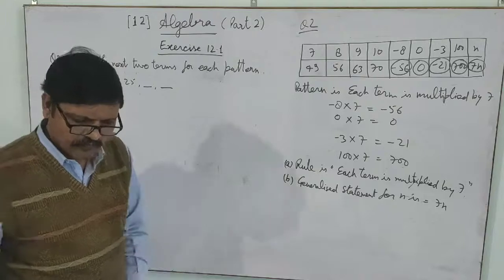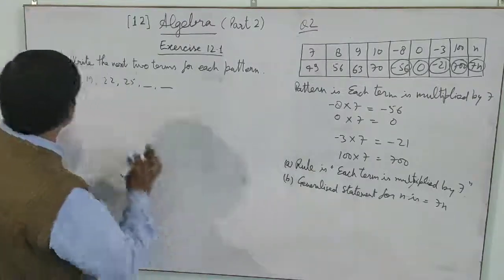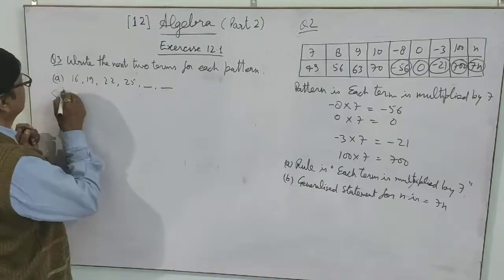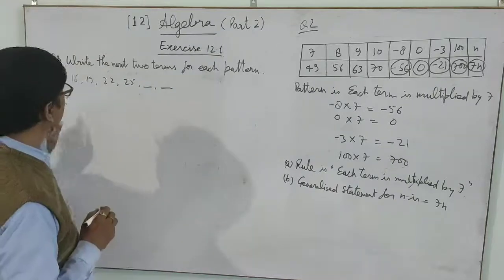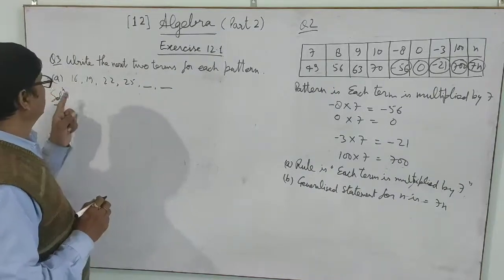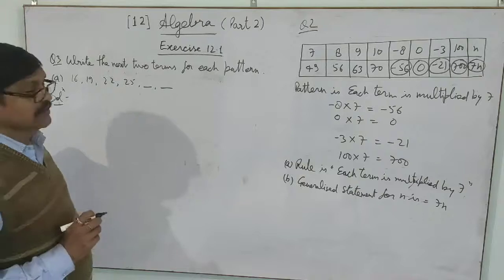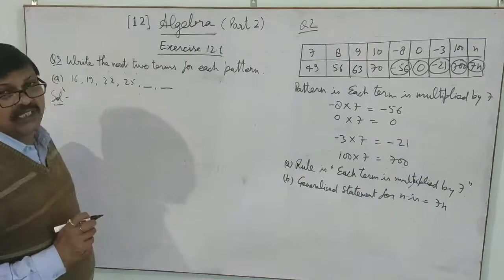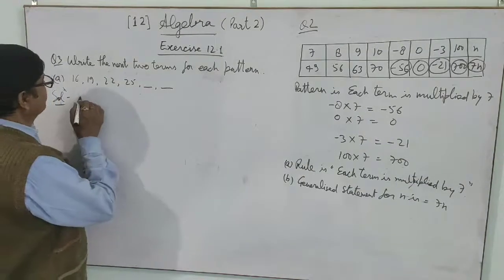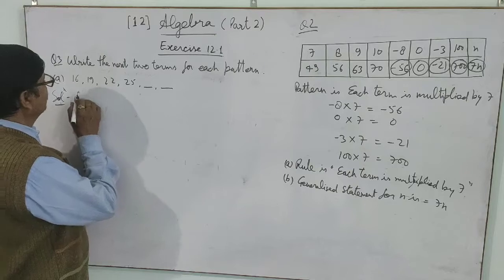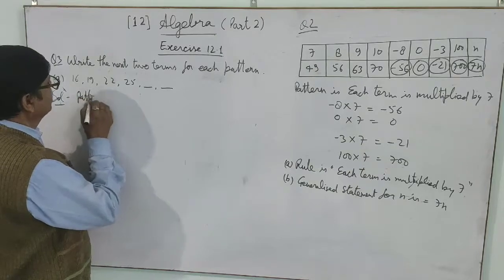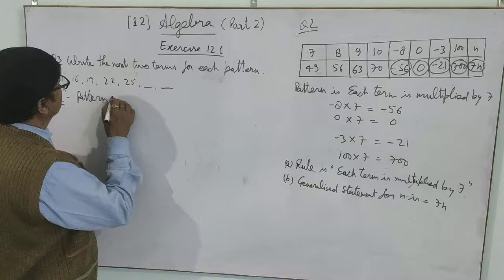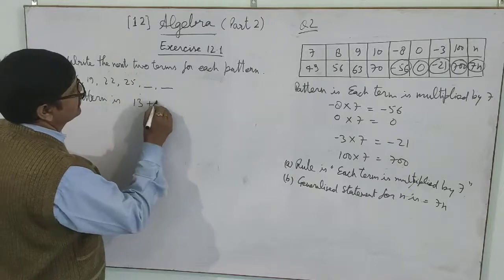See, so you can see in this question, 16 you can get by adding 3 times the number of the term to 13. Our general rule for the pattern is 13 plus 3n.